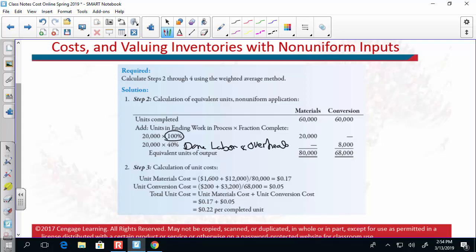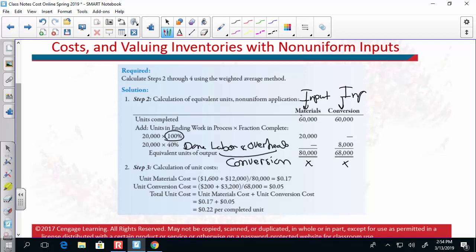Sometimes these two together are called conversion, right? We learned this in chapter 2. Conversion, labor and overhead, is only 40% done. Equivalent unit-wise, you'll see that there's now a difference in EUPs between our material input and our conversion input.